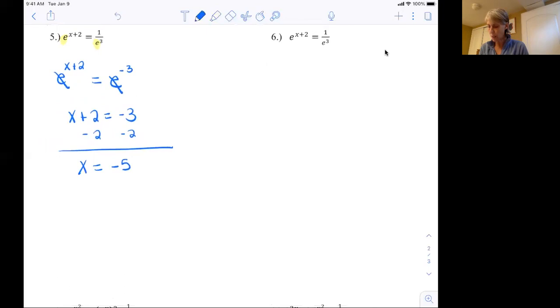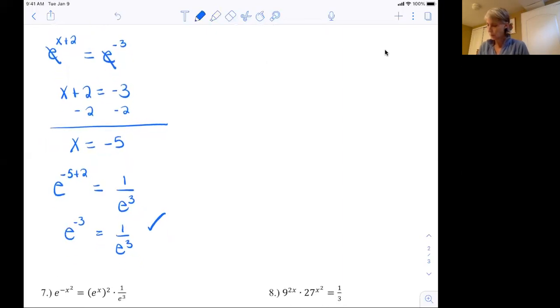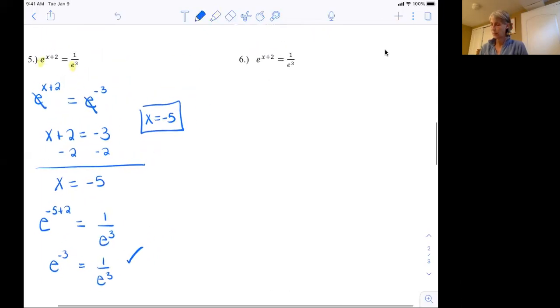So let's say I plug -5 in for x. e to the -5 plus 2 equals 1 over e cubed. e to the -3 equals 1 over e cubed, and it works because e to the -3rd is really 1 over e cubed. So my solution here is x equals -5.